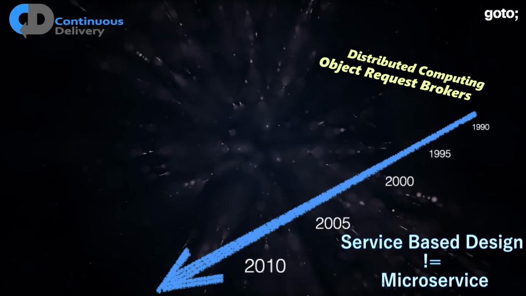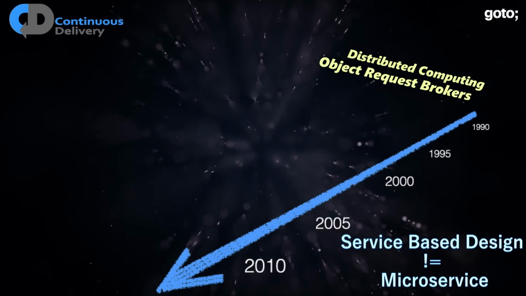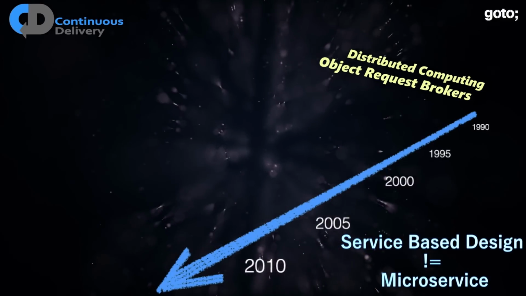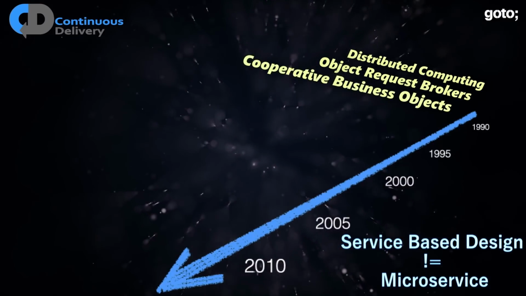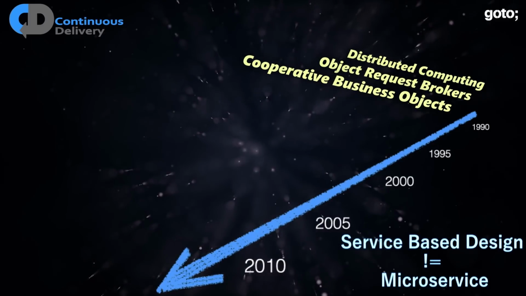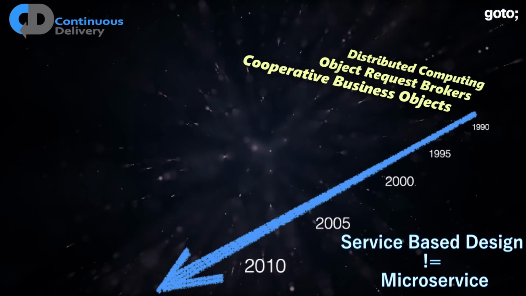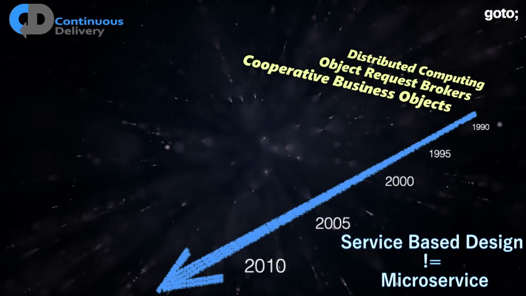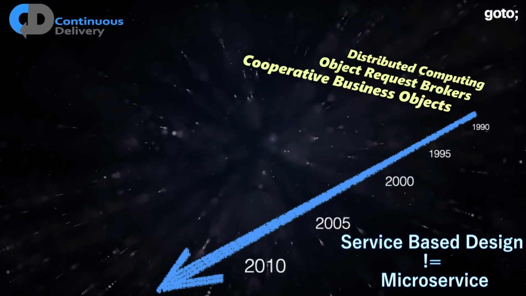I got involved in a startup where we built some infrastructure to support what we would now think of as quite advanced microservices based on a concept called cooperative business objects, little bundles of domain logic that communicated through what we called a semantic data service, a bit like XML, but predating XML.